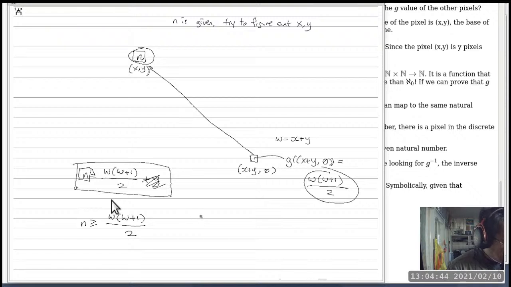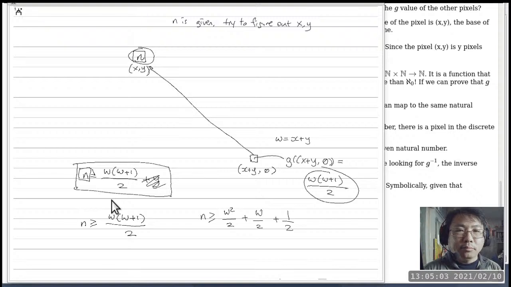We'll go ahead and expand the two sides. On one side we'll have w squared divided by 2, plus 1w divided by 2, and then plus 1 half. I'm just expanding the whole thing.